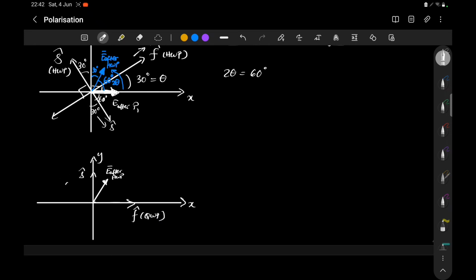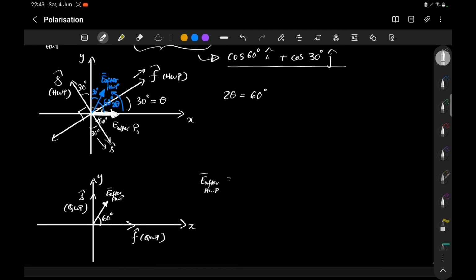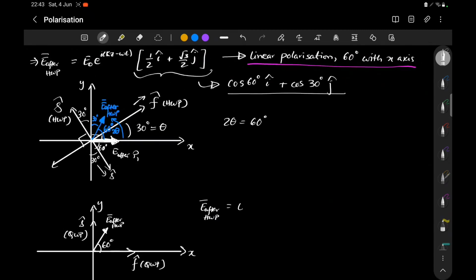This is the slow axis, and this angle is 60 degrees. So the incoming field for the quarter wave plate is what we just found out after the half wave plate.